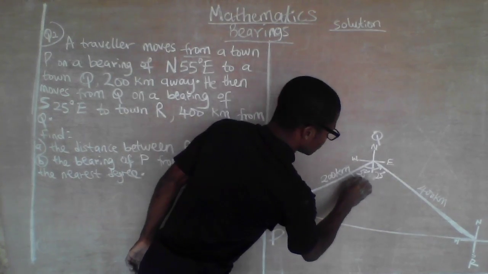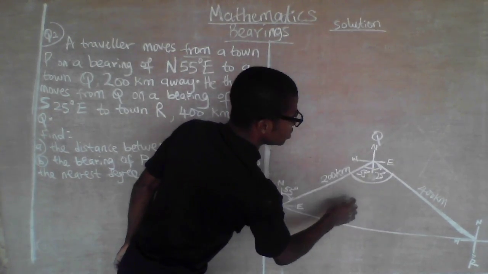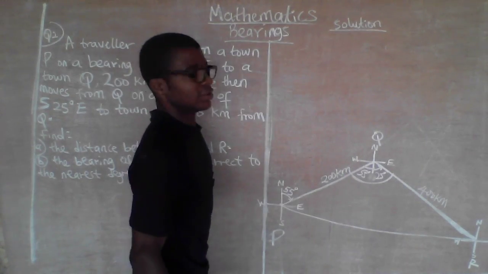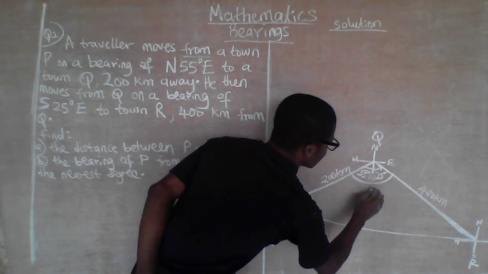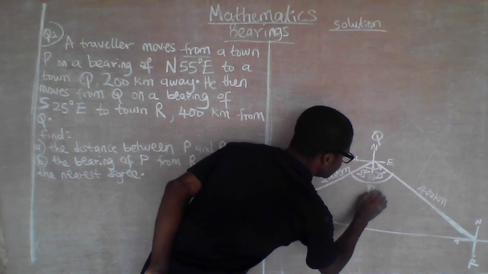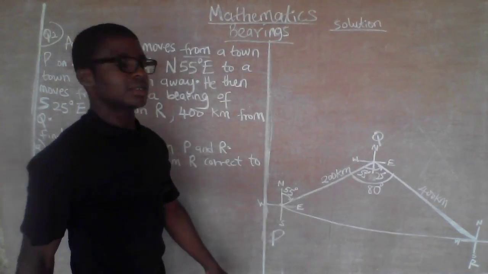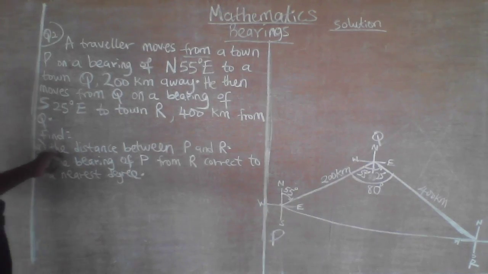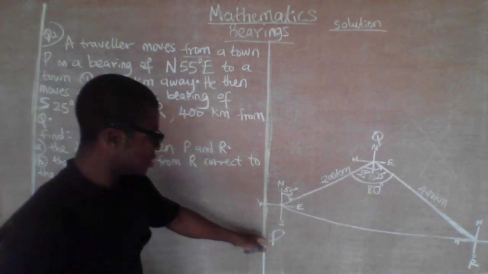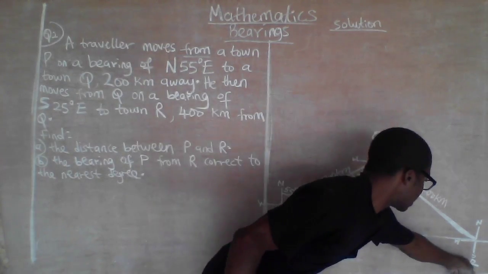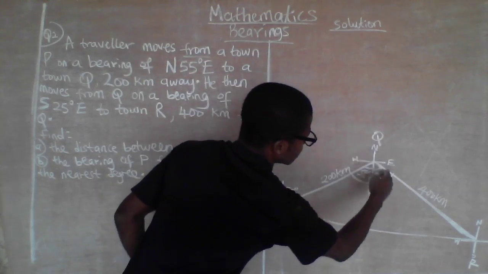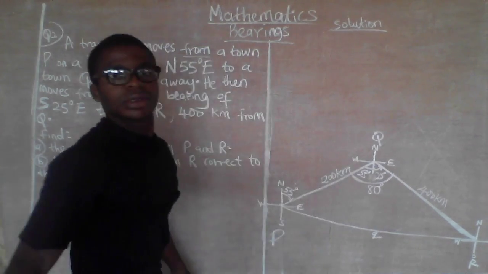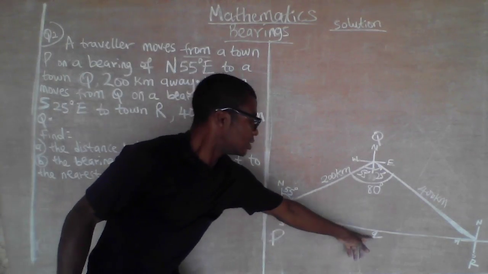The total angle here is 55 degrees plus 25 degrees, which is 80 degrees. Now, the question says, find the distance between P and R, which is side small letter q. That is what we are asked to calculate.